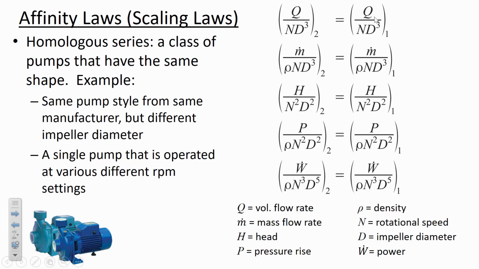Or if you want to predict how the mass flow rate is going to be adjusted by changing the diameter, but you're still operating with the same electric motor, so maybe you're spinning at 1200 RPM, but now you've switched to a different diameter pump, you could use this second one to predict how the mass flow rate would change between situation 1 and situation 2.